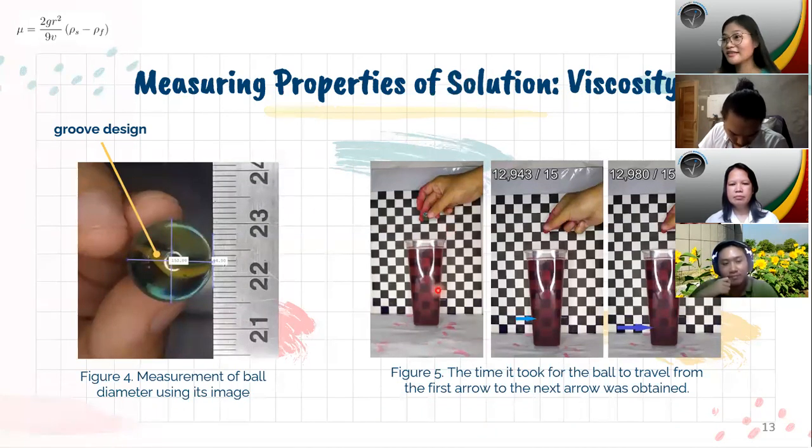Kasi pag coin, magkakaroon ka ng turbulent flow sa likod, tapos hindi na siya maganda. May mas malaking error sa results. Marble po kasi yun lang yung nahanap ko sa bahay. Gusto ko sana yung LED balls po, pero wala eh.